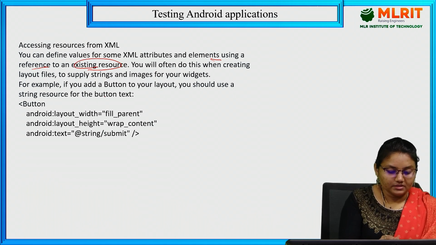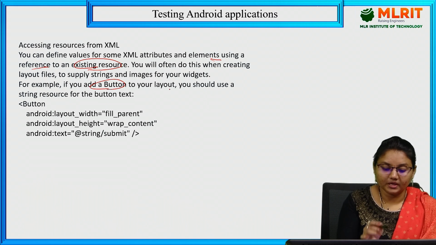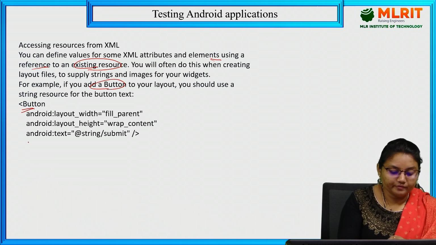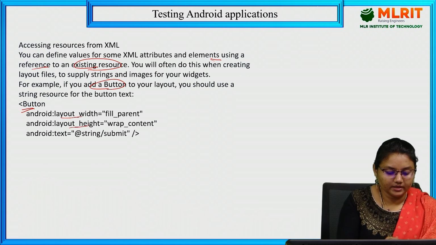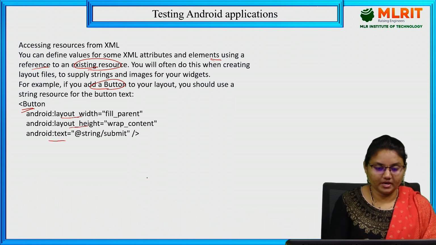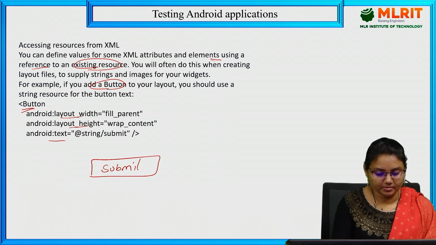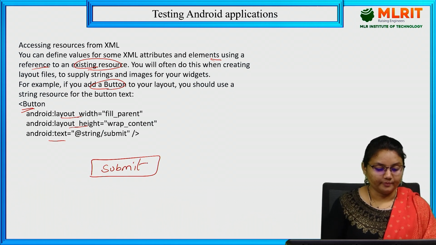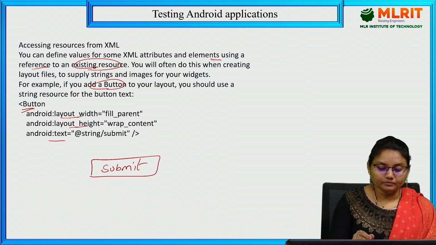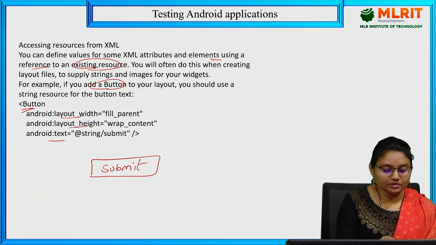Here you can see, you can add a button to your layout by using a button component, that we know, right? In the button we are giving width, height and the text of the button that needs to be displayed. This is a submit button which will be displayed by using this code. So you should use a string resource for the button text.